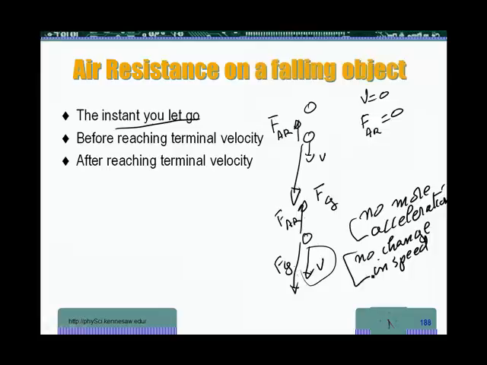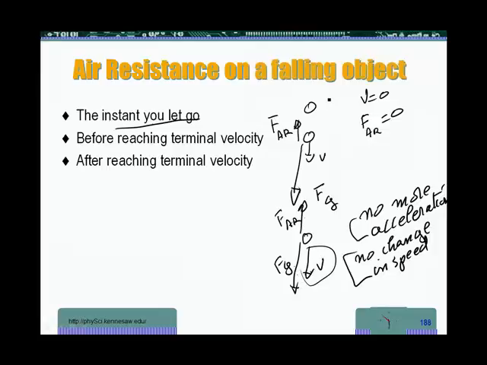Now, because there is no change in velocity, there is going to be no change in air resistance force anymore, since air resistance depends on the velocity. Okay, let's recapitulate this part before reaching terminal velocity.